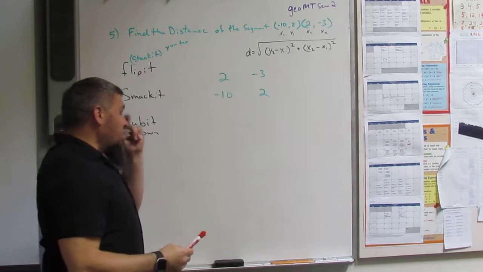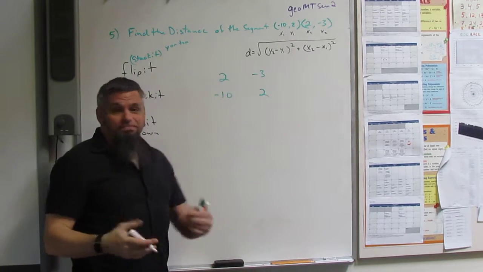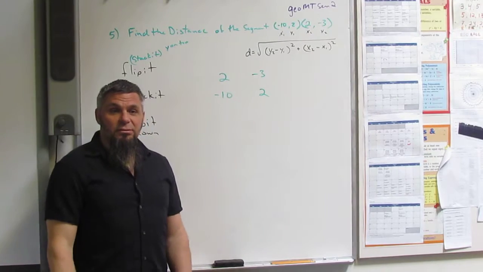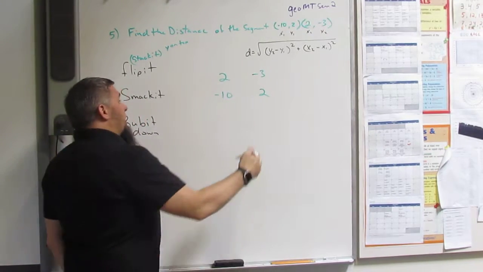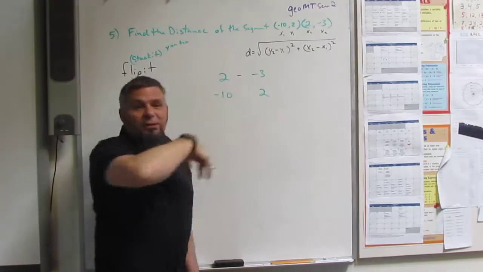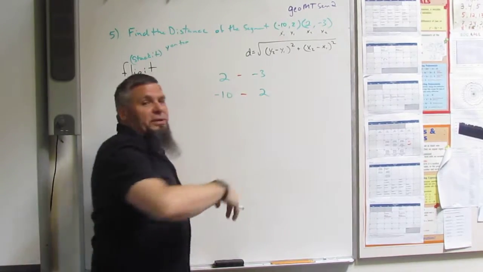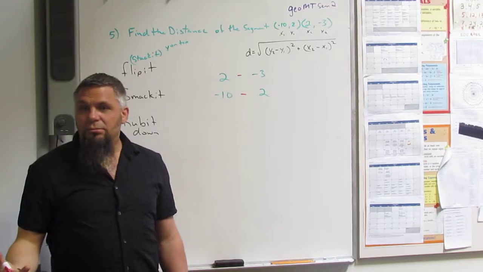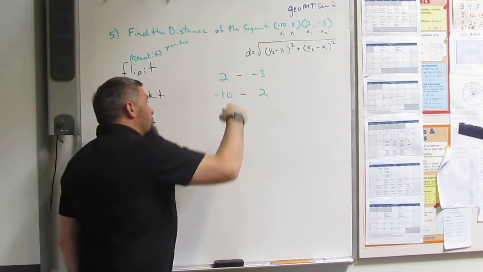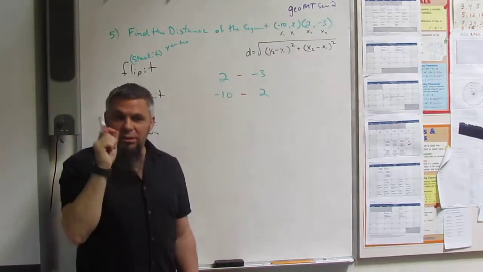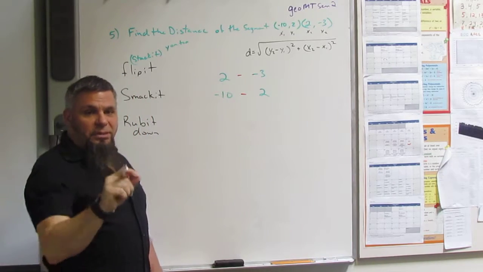Smack it. A smack is negative, right? So when I smack a negative, it becomes positive. When I smack a positive, it becomes negative. Okay. So smack it right in the center, up top and down below.